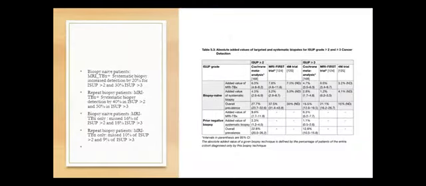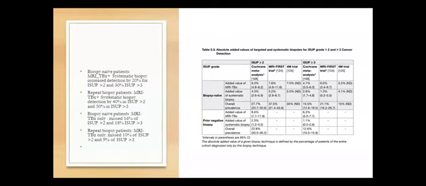So, in this analysis, the table, we see that this is from the EAU 2023 guidelines. For biopsy naive patients, the MRI targeted biopsy plus systemic biopsy increased detection by 20% for the ISUP grade 2 and 30% for the ISUP grade 3 prostate cancers.